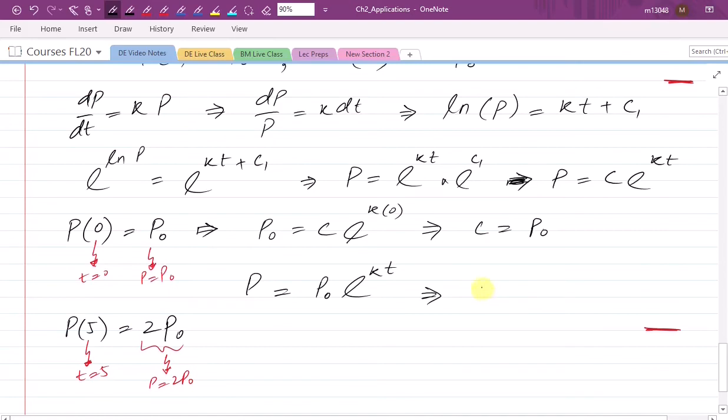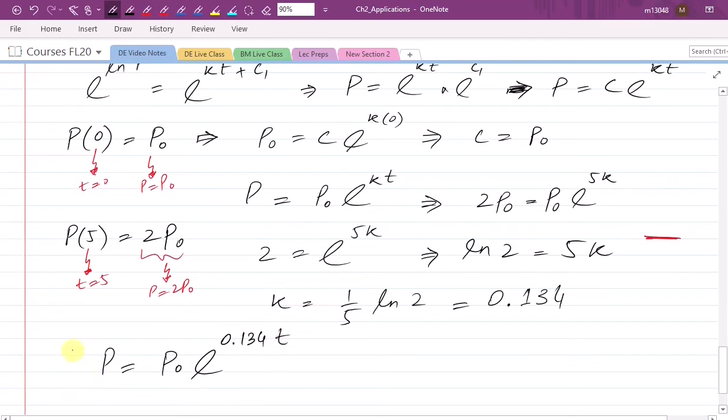So now we get 2 P0 equals P0 e power 5k. P0 can be cancelled from both sides, and now we get 2 equals e power 5k, or in other words, log of 2 equals 5k.